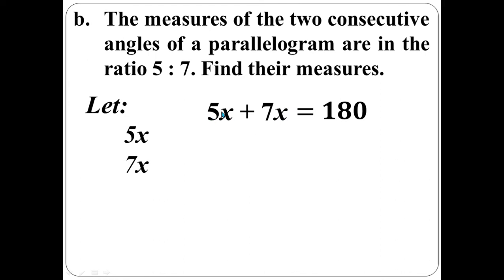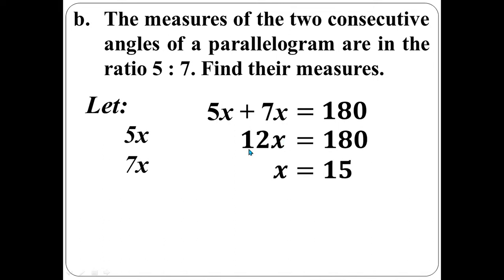So, now, add 5 plus 7 is 12x is equal to 180. And to get the value of x, divide both sides by 12. 12x divided by 12 is x, and 180 divided by 12 is 15.